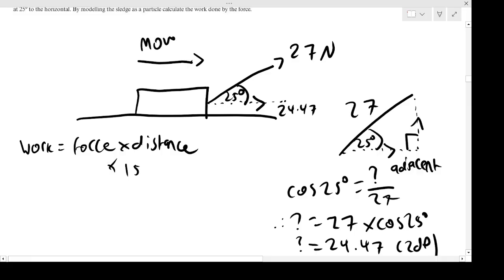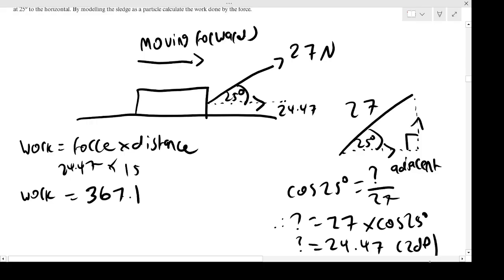It's moving forwards, so we want the forwards force. So this is the force we're going to use, this 24.47. 24.47 times the distance of 15 gets the actual work we want, which is 367.1 to 1 decimal place. And so there we are. Quite an interesting question there.